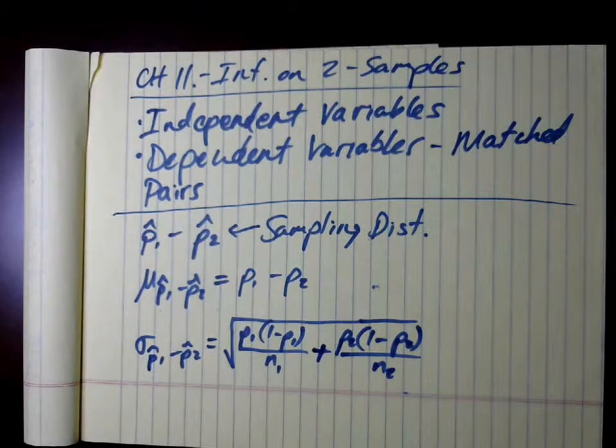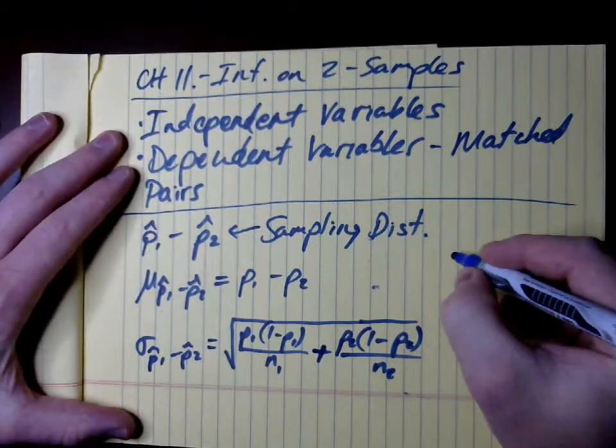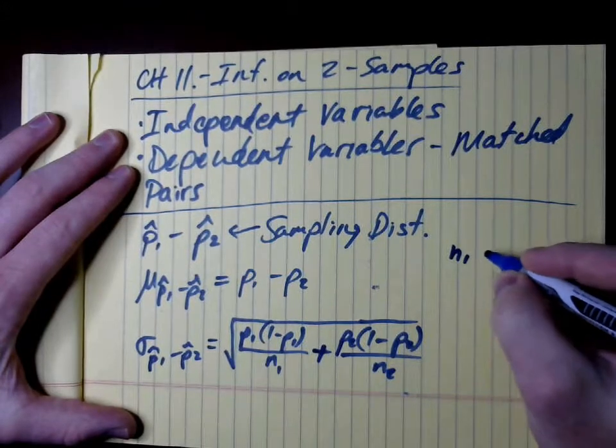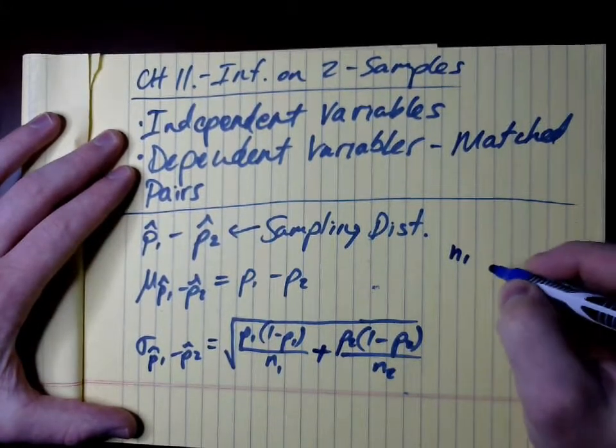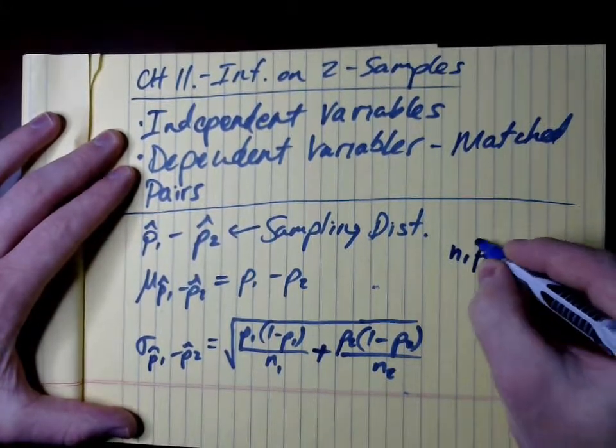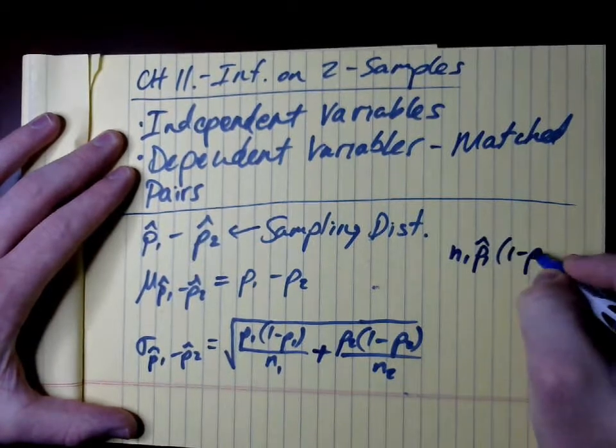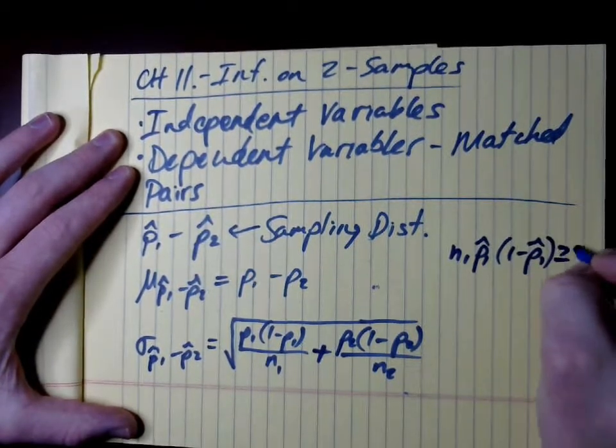And anyways, we have the same criteria in order for this to be a normal distribution. That being that we need, first off, n1 p1 hat (1 minus p1 hat) to be greater than or equal to 10.